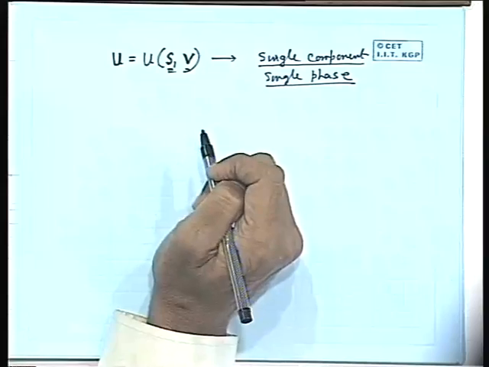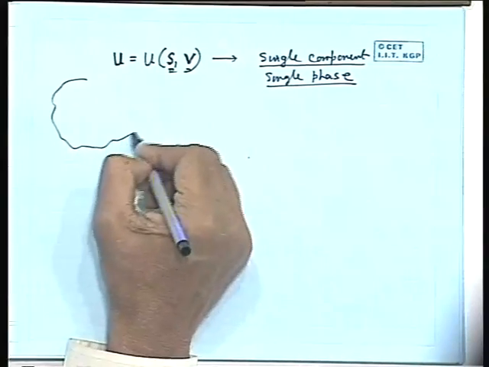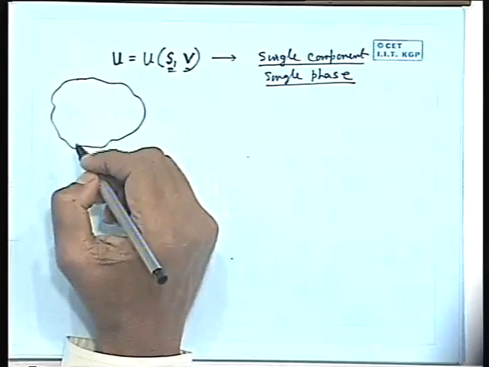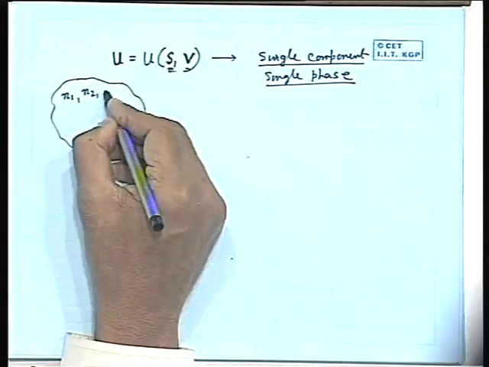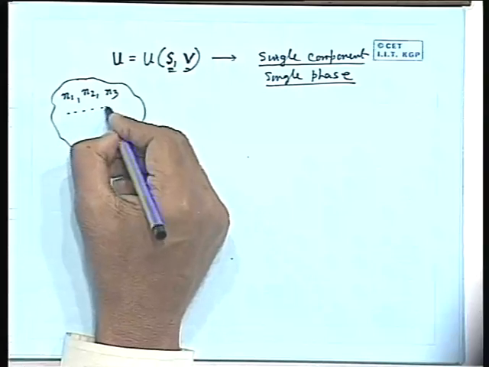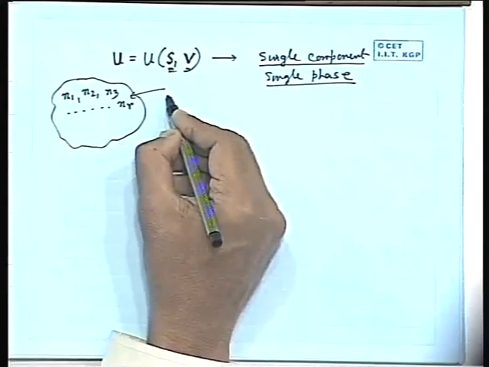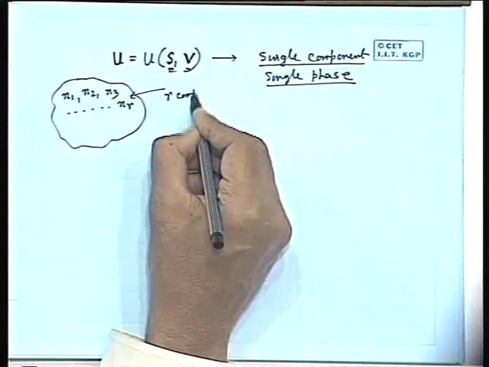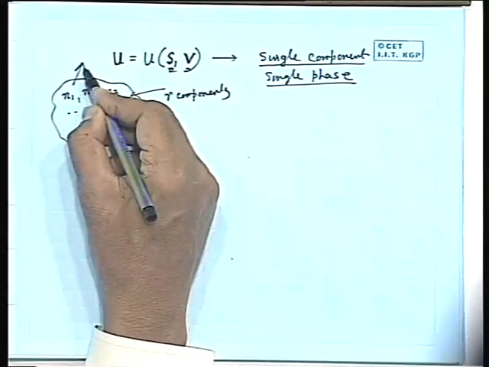Here S is the total entropy, which is also an extensive property, and V is the total volume, also an extensive property. Now, if we consider a system consisting of R components, with numbers of moles N1, N2, N3, up to Nr, the system is an open system which allows material flux.